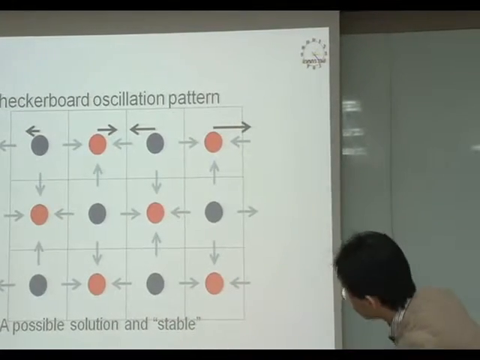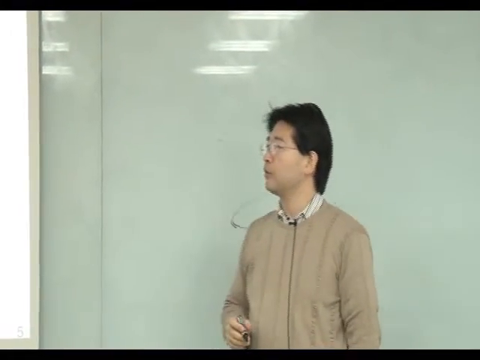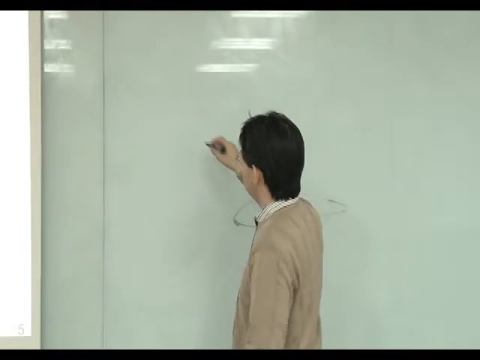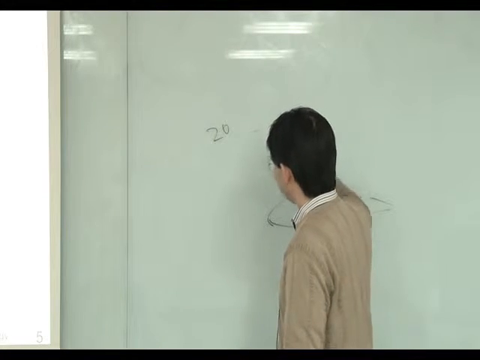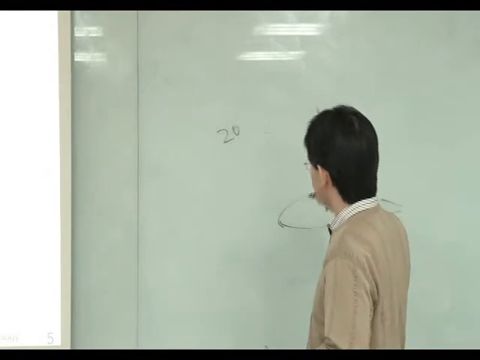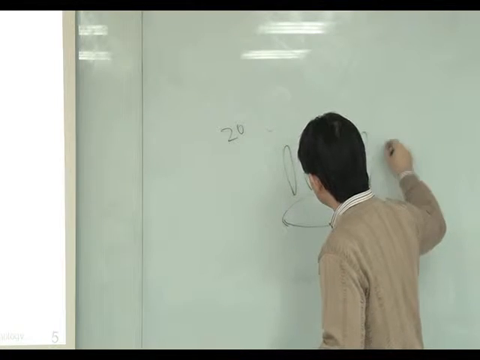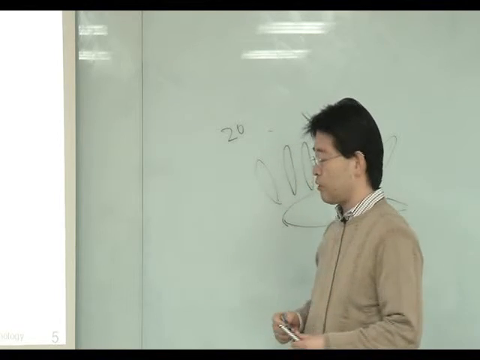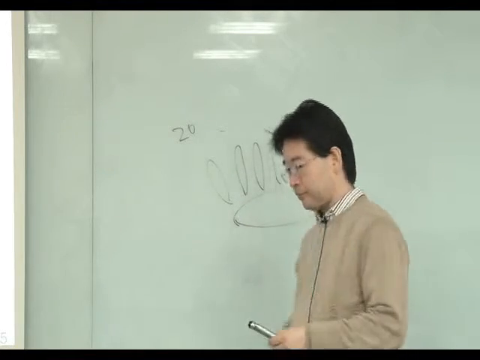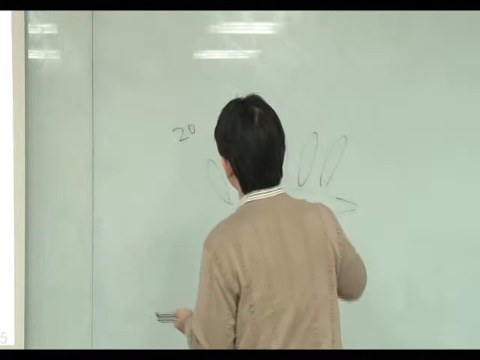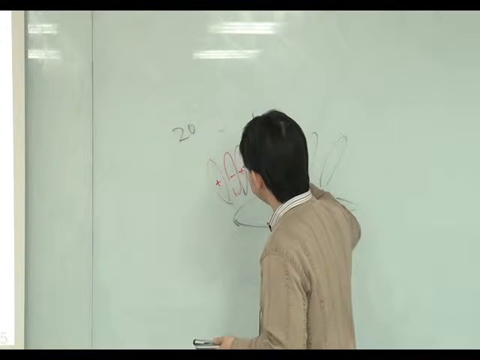The other point is, if you conduct two-dimensional simulation and draw pressure contours, and the simulation is unstable, you might see this type of unnatural solution, plus minus plus minus plus minus.